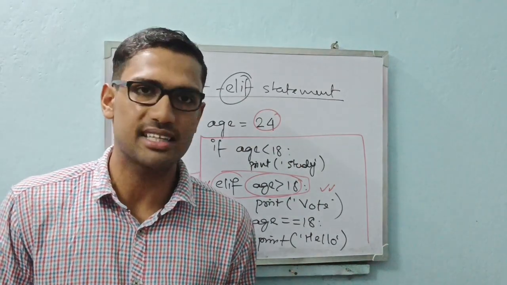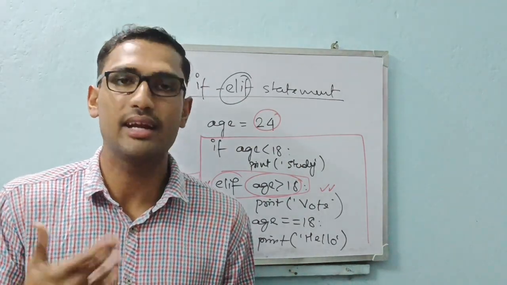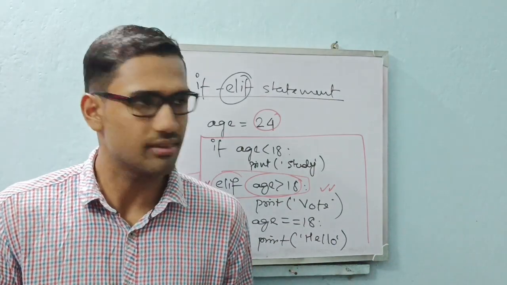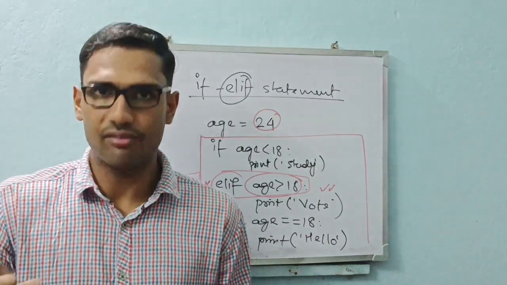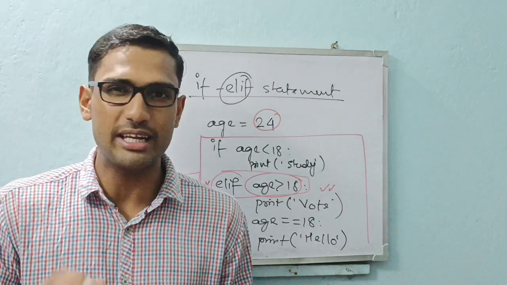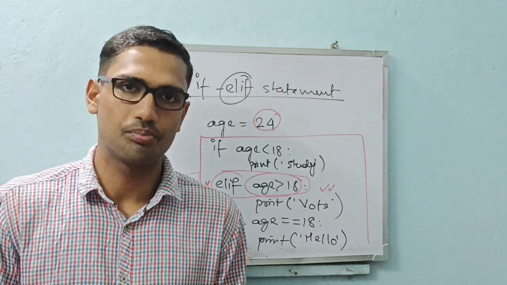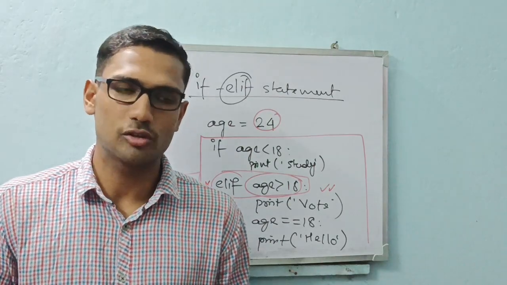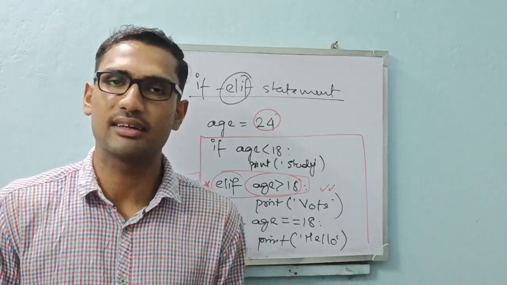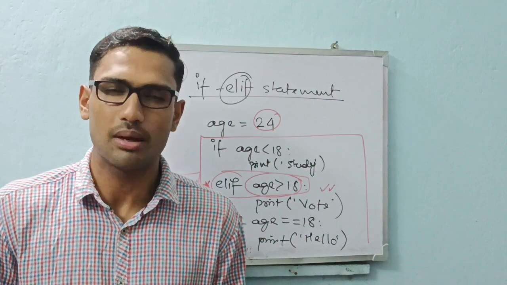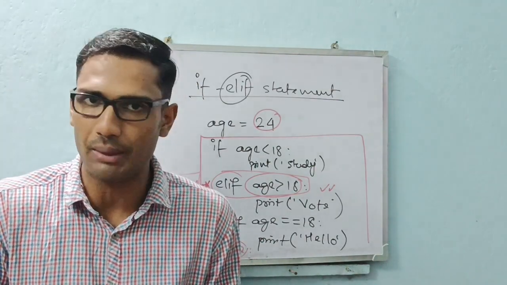This structure is very helpful for writing menu-driven programs. And yes, we will discuss that in our upcoming videos. For that, we need to understand loops, such as the while loop. Only then will we be able to write a menu-driven program. But as of now, let's focus on this topic.